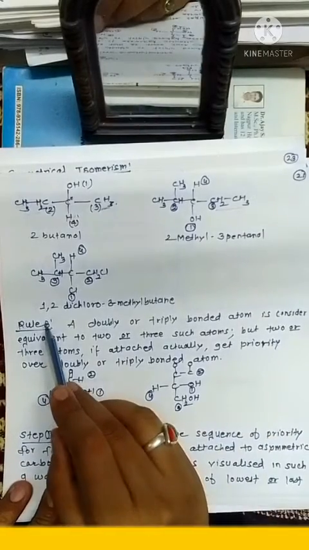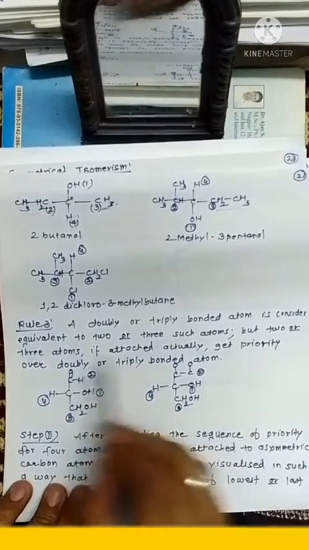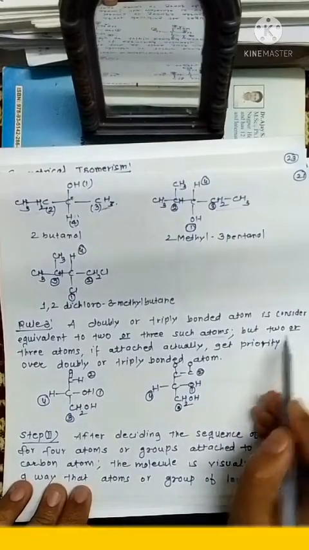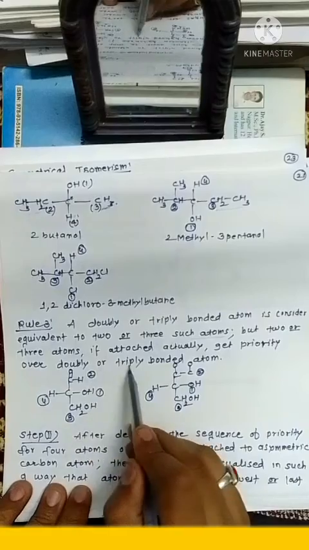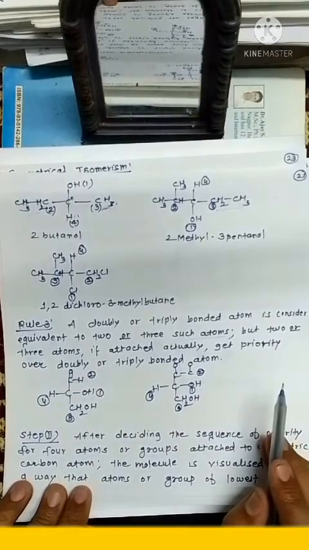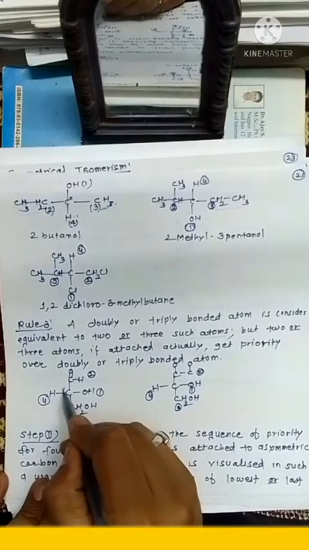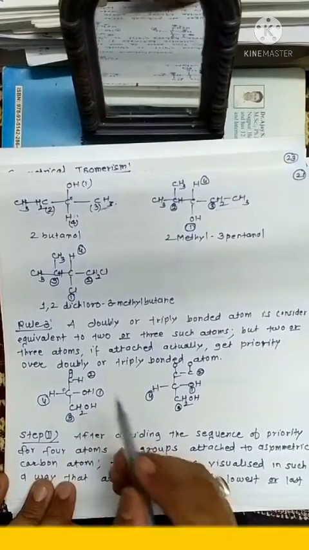Now we are going to see the third rule. A doubly or triply bonded atom is considered equivalent to 2 or 3 such atoms, but 2 or 3 atoms actually attached get priority over a doubly or triply bonded atom. What does that mean? Just see, this is the chiral carbon atom. Obviously hydrogen gets least priority because its atomic number is 1.